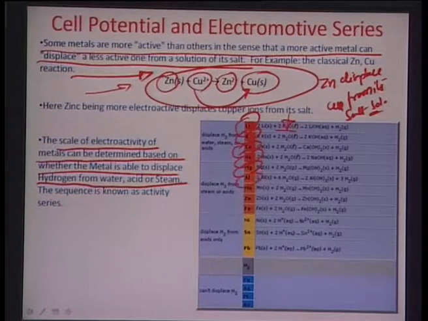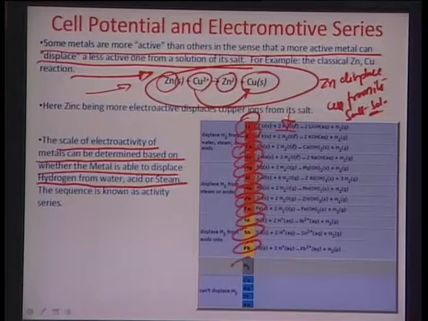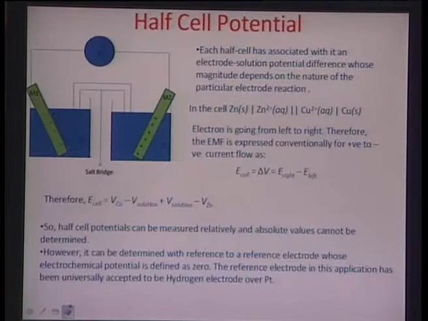Why hydrogen? Because a common reference scale is needed. If compared with respect to hydrogen, metals get compared with each other by that process. So if a metal is way up on the electroactivity series, it can easily displace something which is below it on the same series. That is how these series are made.